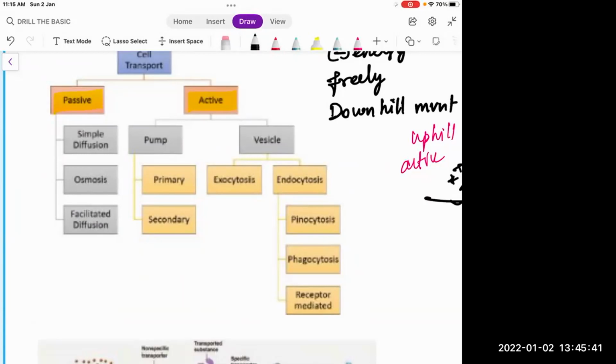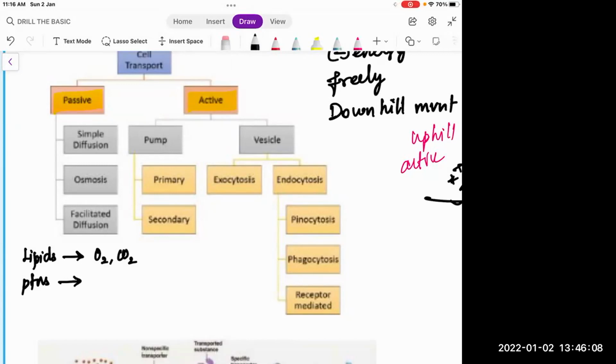We have seen the cell membrane has lipids and proteins as its major composition. Lipids will freely allow lipid soluble substances like oxygen and carbon dioxide. For the transport of oxygen and carbon dioxide from one side of the cell membrane to the other, you don't need any energy.